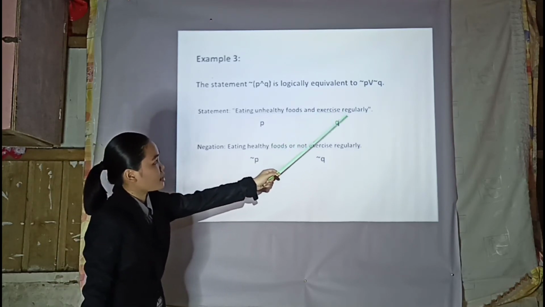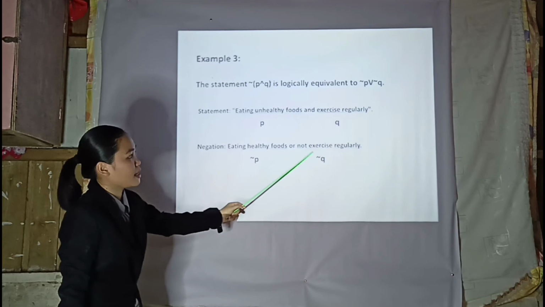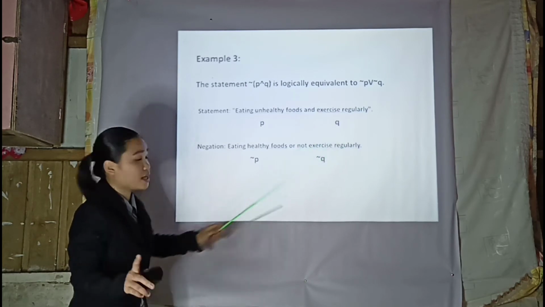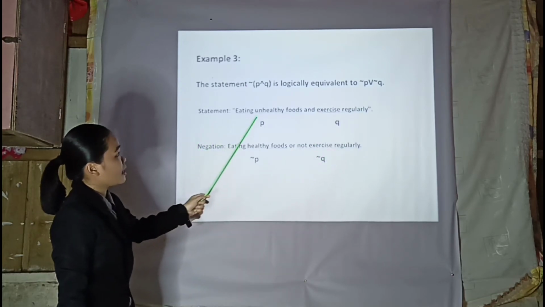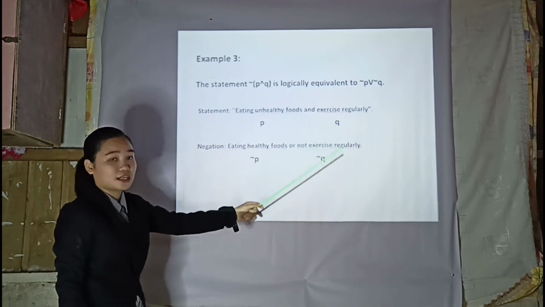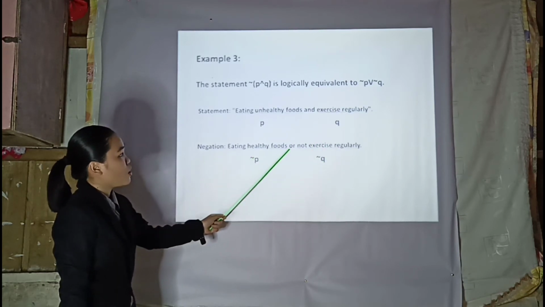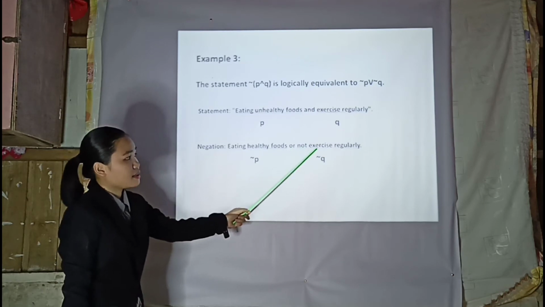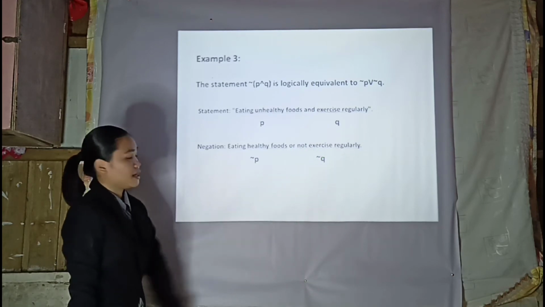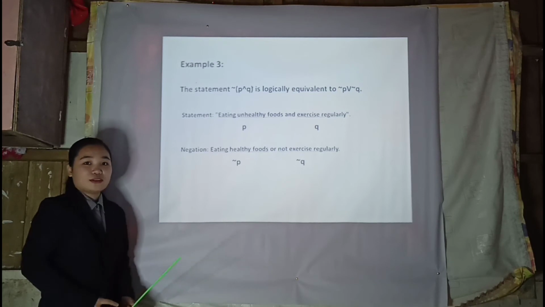And exercise regularly will become not exercise regularly. So the negation of this statement, eating unhealthy foods and exercise regularly, will become eating healthy foods or not exercise regularly. Okay, do you get it?